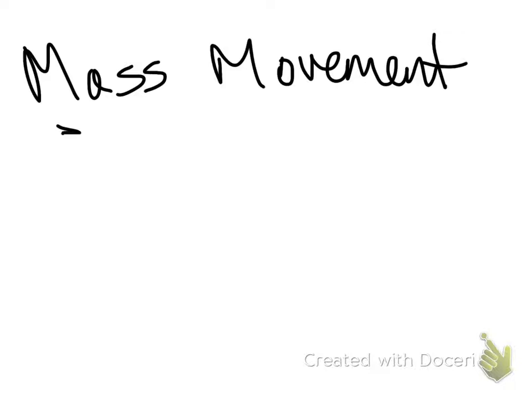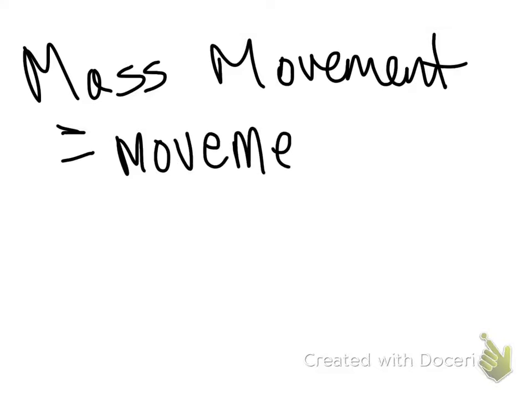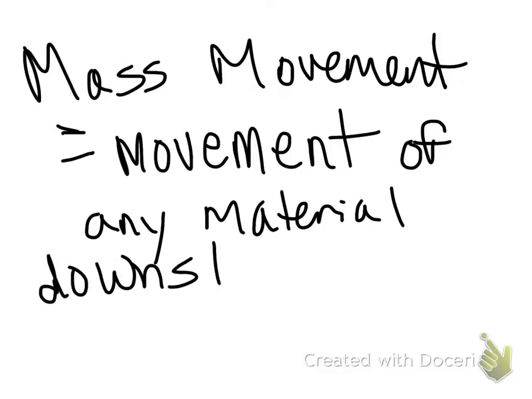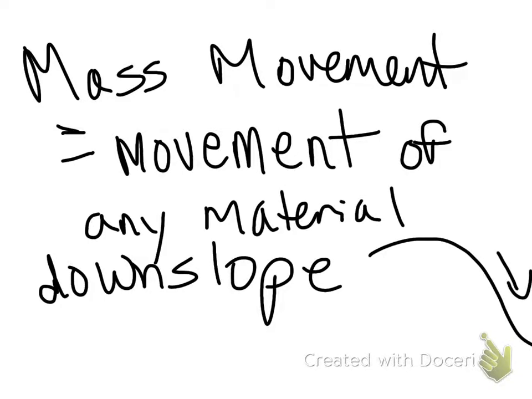But first, mass movement is just the movement of any material, whether it be rock or sand or ice or snow, soil, any type of material downhill or downslope. Right, so if you have a slope here, if something is moving down, that's mass movement.